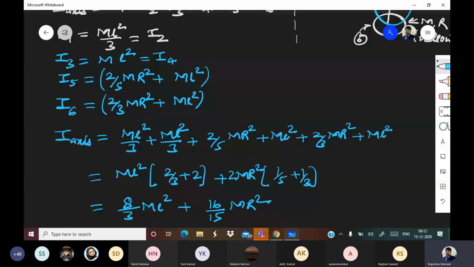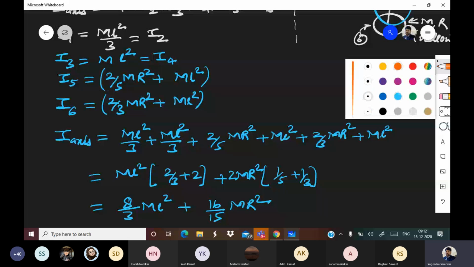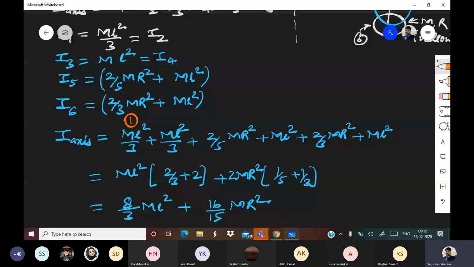I did not add I3 and I4. Just a second. Yes, you are right. Let me check. Okay, let me name it. This is I1. This is I2. So you are saying ml square plus ml square. Yes, you are right. So let me directly add 2 ml square.